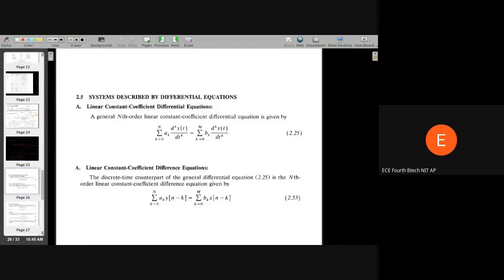We have talked about LTI systems, but there is something called, even in mathematics, I'm sure you have come across differential equations in your mathematics courses. You may have forgotten, but what's the purpose of differential equations? For you, electrical, electronics, computer science students, you must have solved RLC circuits. That is the best example for you.